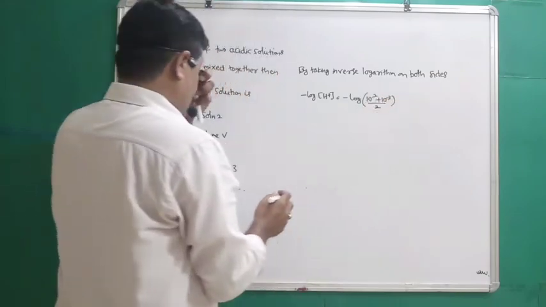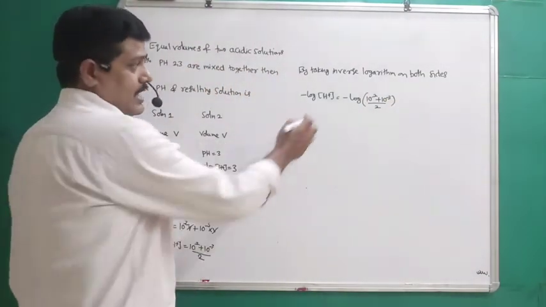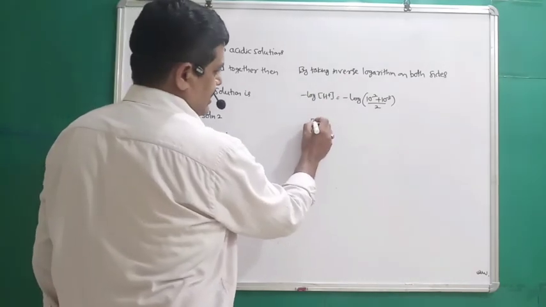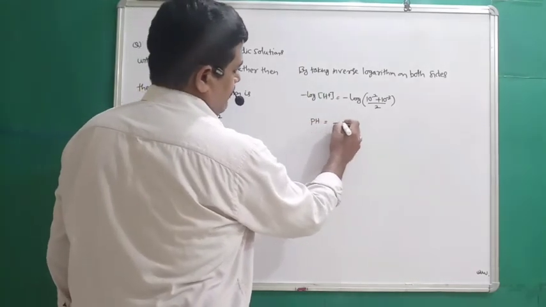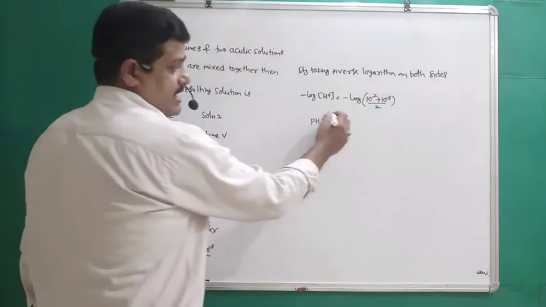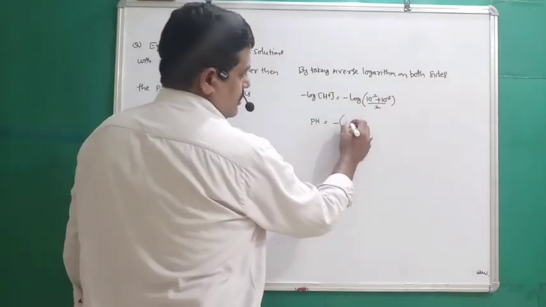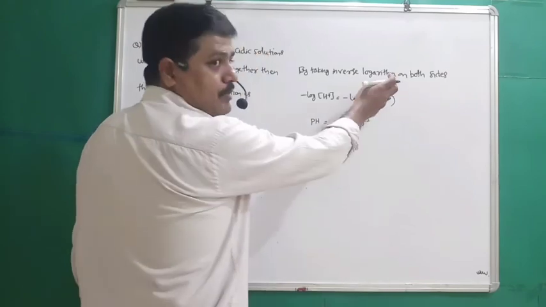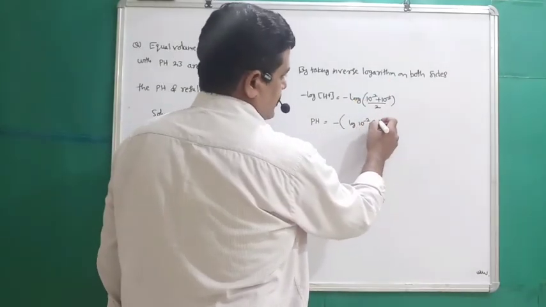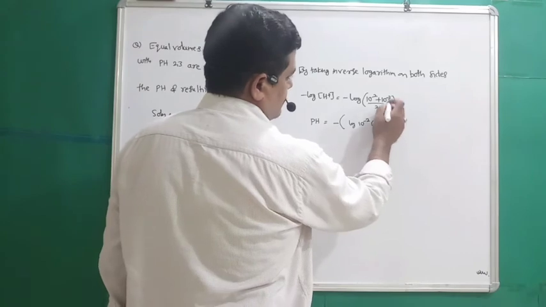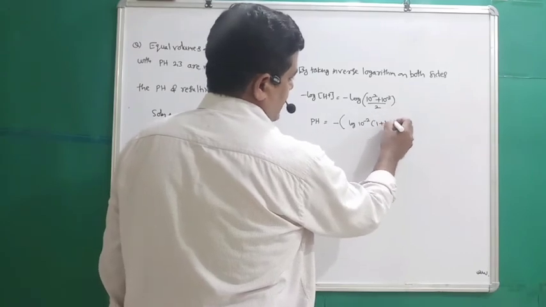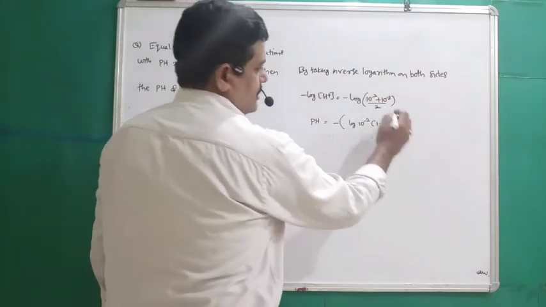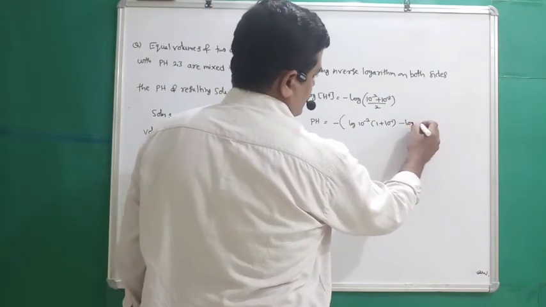Students, this is in the form of log of A by B. We can write this minus log H plus as pH is equal to minus log of, taking 10 power minus 2 common from the numerator, 1 plus 10 power minus 1, by 2. This 2 we can write as minus log 2, right?